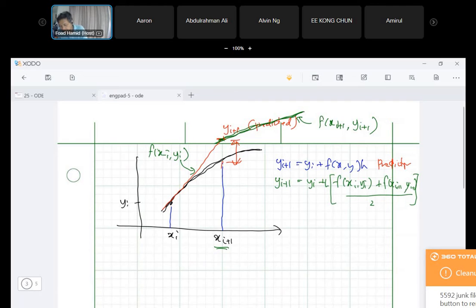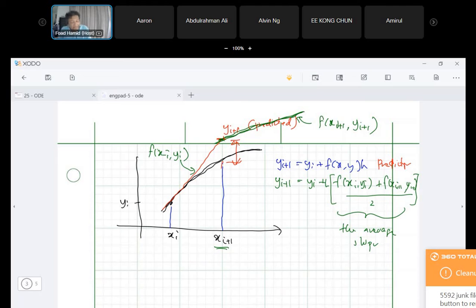So note that this is the average slope. The average slope might look something like this. You take this slope plus this slope divided by 2.